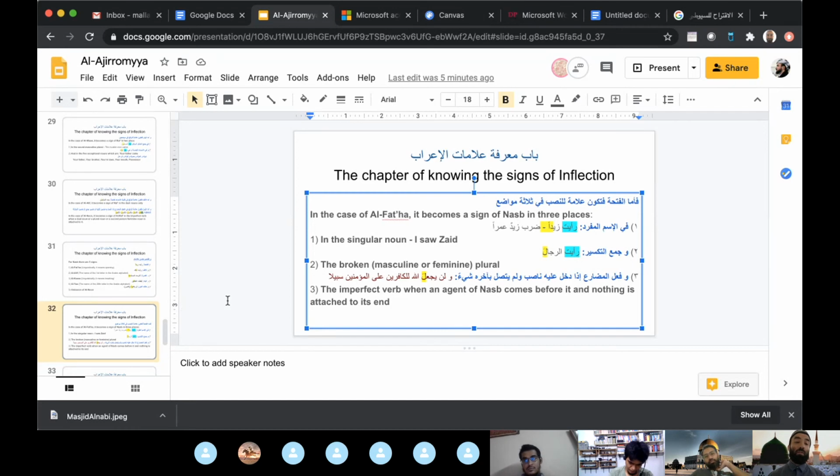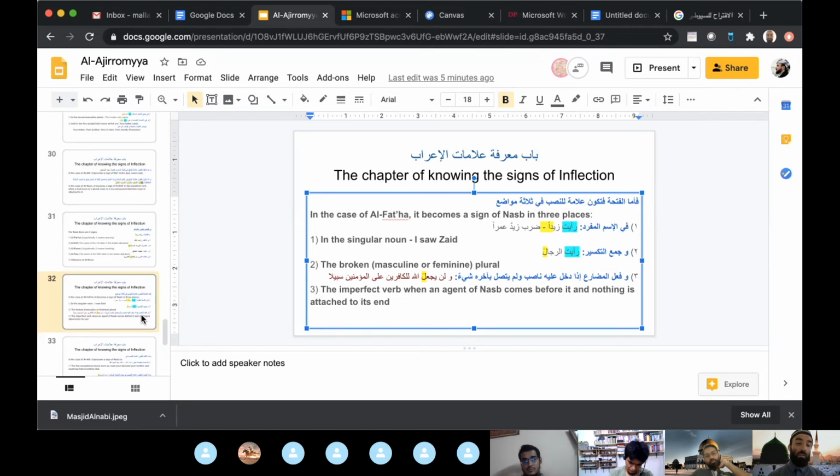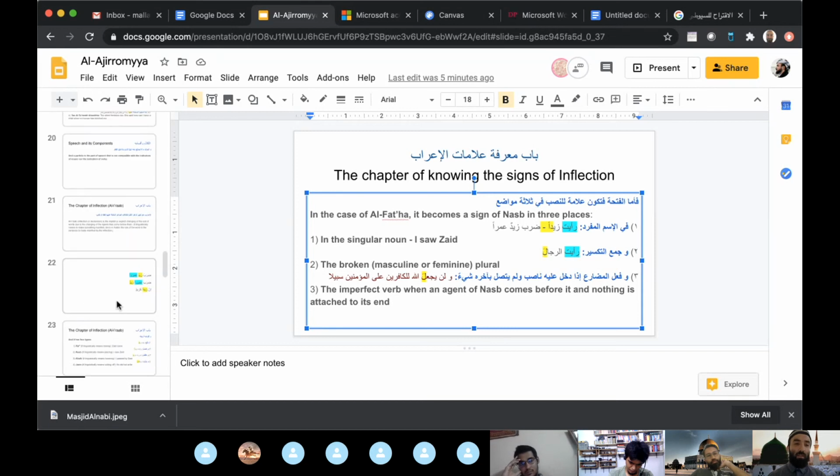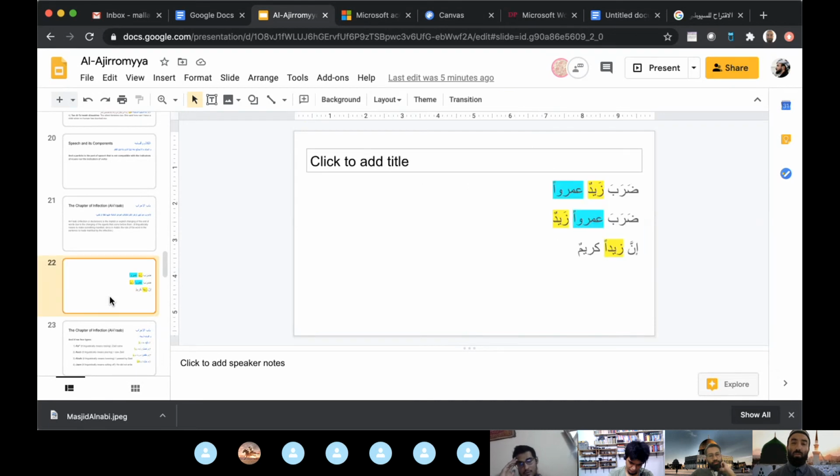So now let me add a slide here. Actually, I will add a slide a little bit earlier. Maybe I could just add it here. I'll go ahead and write all the diacritical marks for you here.